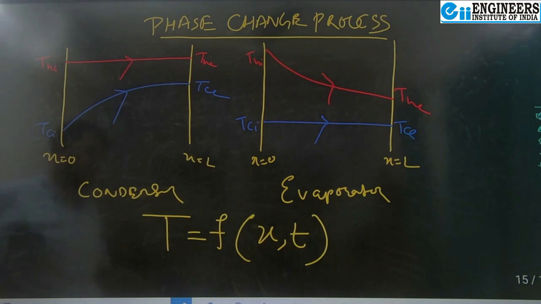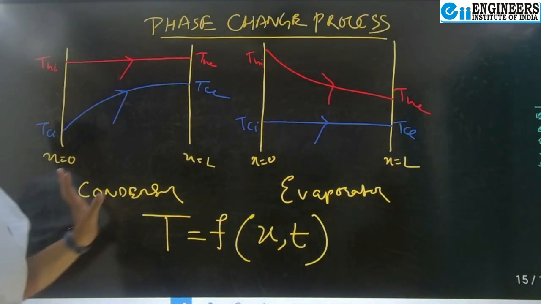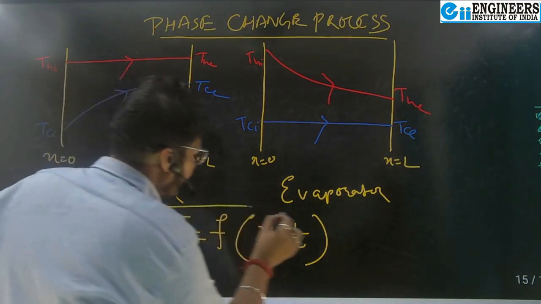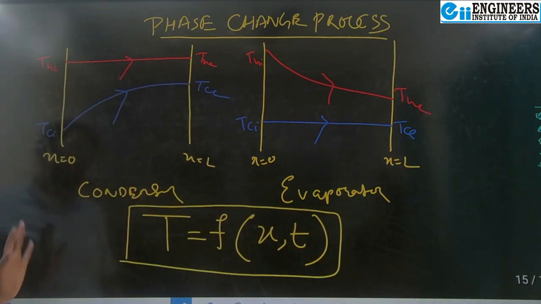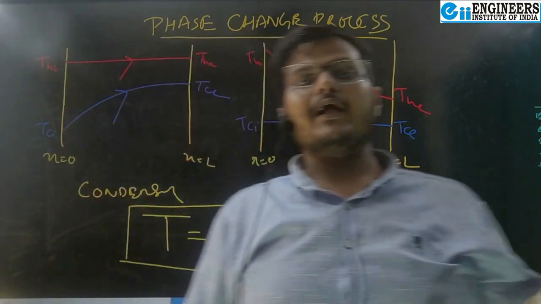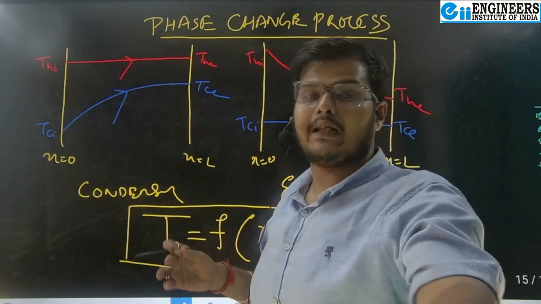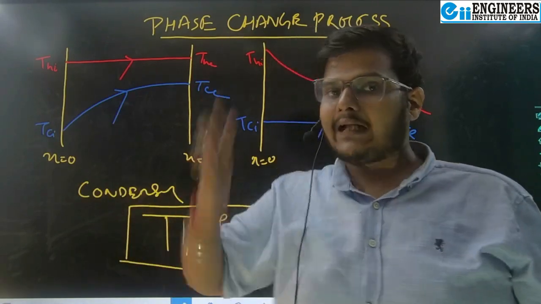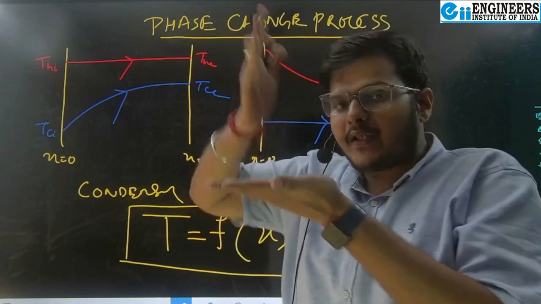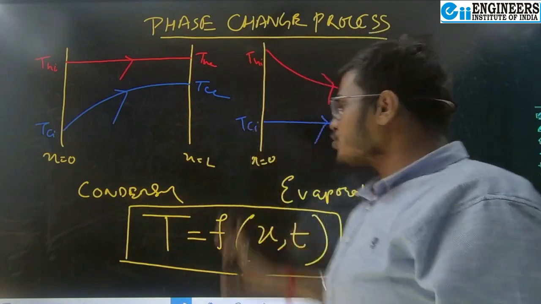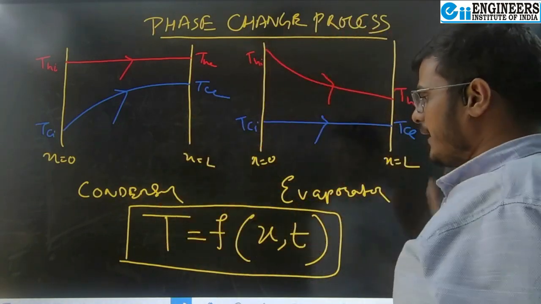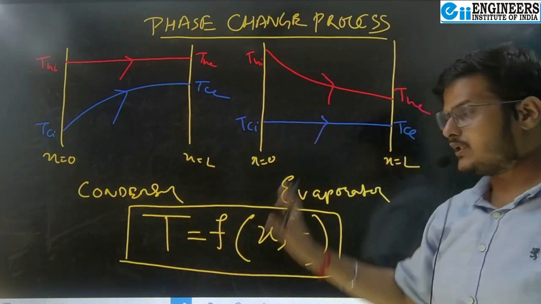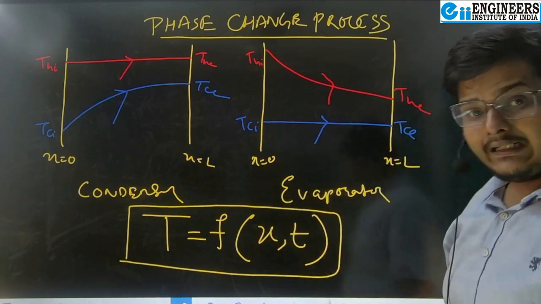So temperature in a heat exchanger is a spatio-temporal parameter. To analyze the heat distribution, we have to consider its impact on both length and time. It is an instantaneous phenomenon that changes abruptly at each section, so we concluded that the temperature within a heat exchanger is a function of distance and time.